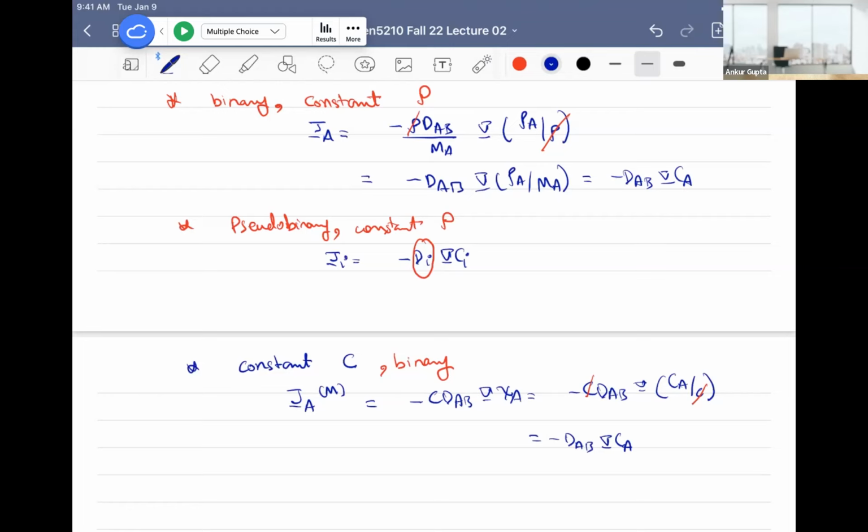Yeah, I know what you're saying. Basically, the reason you write it like this is because the volume is small.